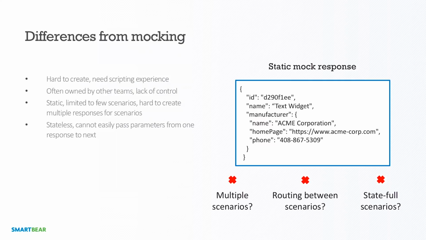Service V has a module called Vert Server that lets you share your virtual APIs across a cloud, or on your own local infrastructure, but you can generally share it across teams very, very easily. Also, mocks are static. They're limited to a few scenarios, and they're hard to create multiple responses for each scenario. Again, with service virtualization, you're going to have full dynamic data, or you can at least.